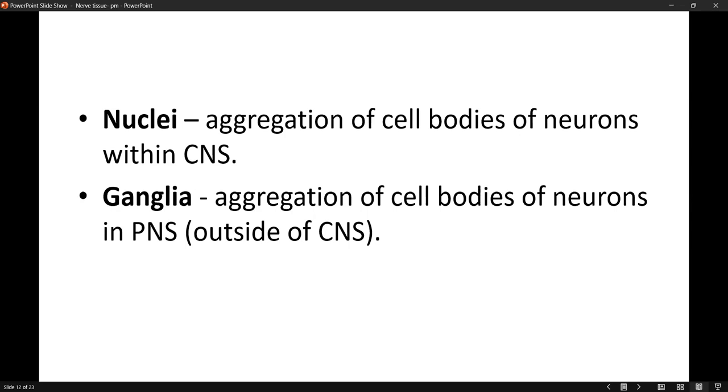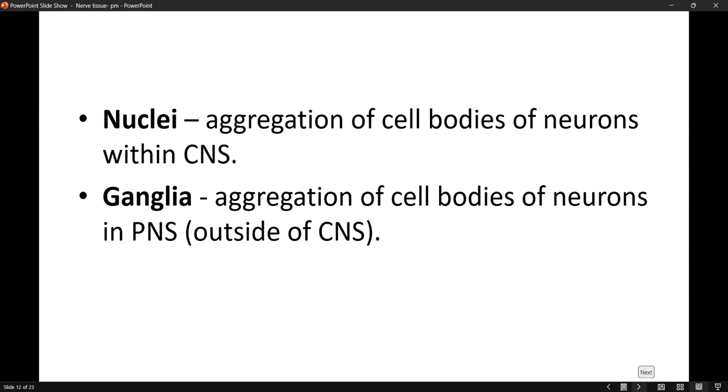And the same kind of aggregation, if it is seen outside the central nervous system, we call ganglia. Ganglia is the plural term; ganglion is the singular term. Ganglia is where you see the cell bodies of neurons in the peripheral nervous system, mostly connected to a spinal nerve or its branch.